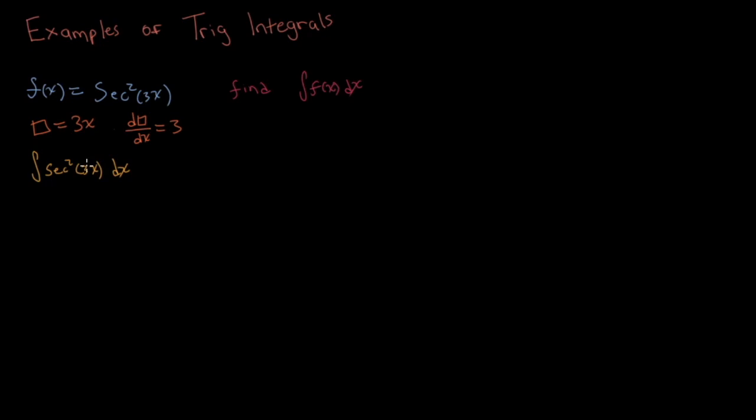So a way to think of the integral of a secant squared function is this: the integral of secant squared of something times the derivative of that something with respect to x, dx, is going to equal tan of whatever is in that box, plus c.